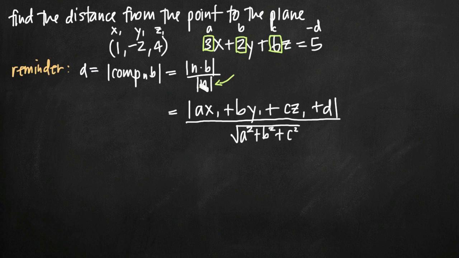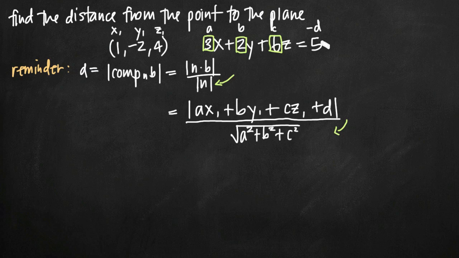To take the magnitude of the normal vector, we just do 3 squared plus 2 squared plus 6 squared and take the square root of that sum. So in fact, the denominators of these two formulas match up exactly. This square root of a squared plus b squared plus c squared is the same as the magnitude of n, the normal vector. It's really just the numerator that we've significantly simplified here.